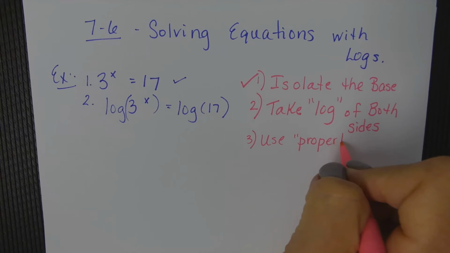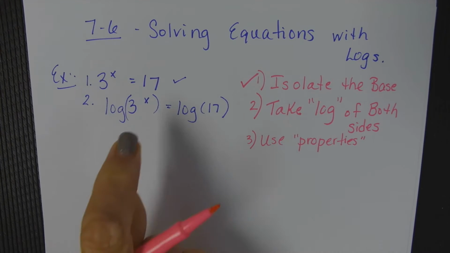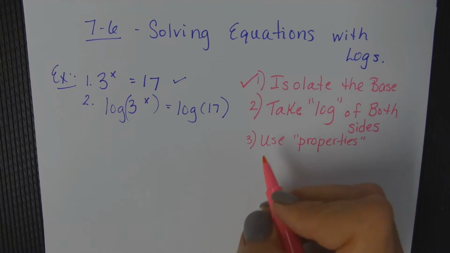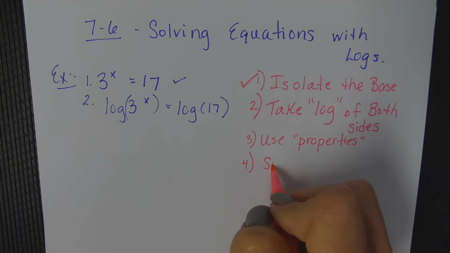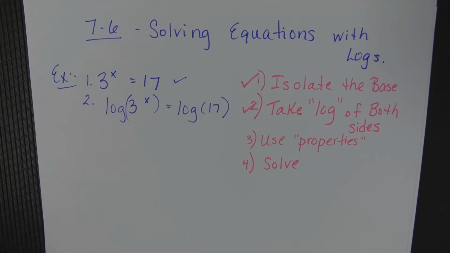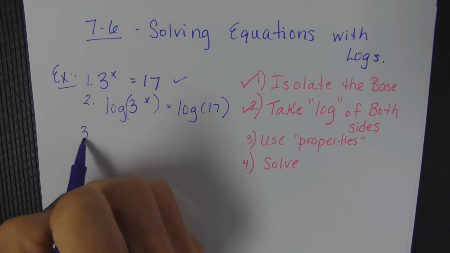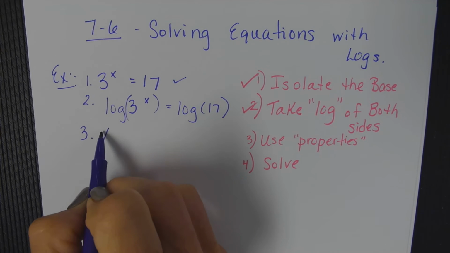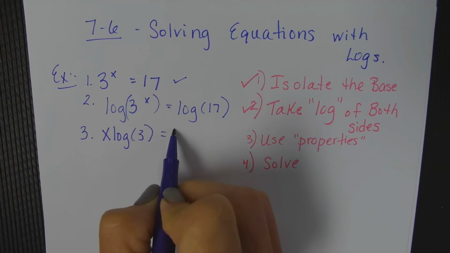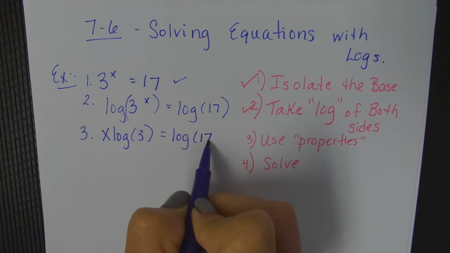In this case, we have a power that's x, and then we're gonna solve. So number 2, we've done. Number 3, we're going to move this x in front. X log 3 equals log 17.